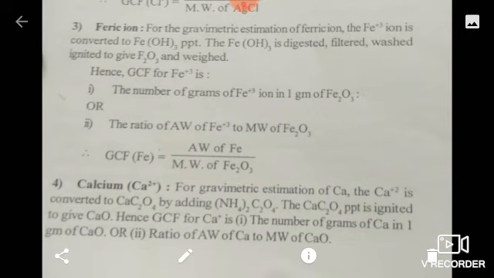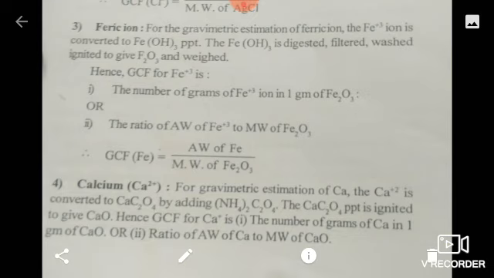So the gravimetric conversion factor for Fe plus 3 is the number of grams of Fe plus 3 ion in 1 gram of Fe2O3, the ratio of the atomic weight of Fe to the molecular weight of Fe2O3. Therefore the gravimetric conversion factor for Fe is equal to the atomic weight of Fe divided by the molecular weight of Fe2O3.